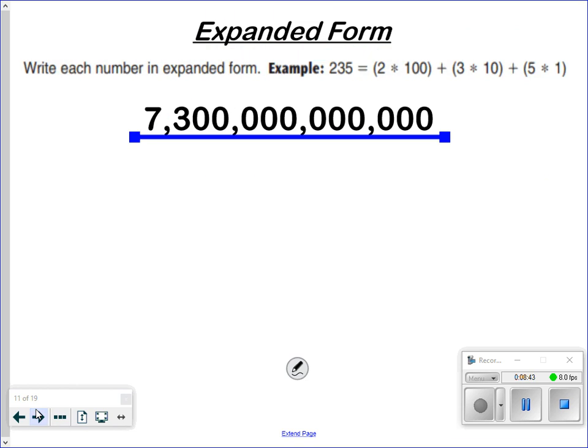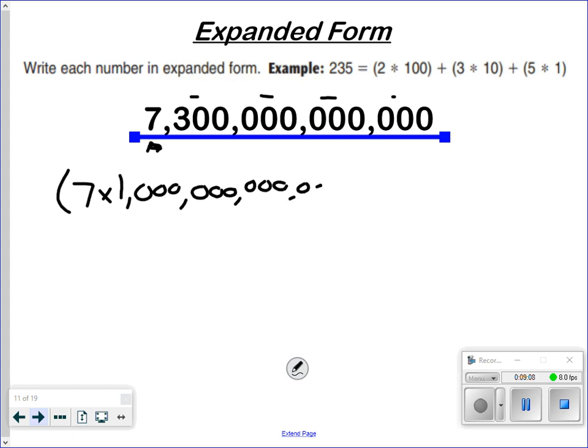I've got some more examples. Holy moly, look at that number. So we're going to take this first one. So this is our hundreds, thousands, millions, billions, and we're in the trillions. So this is how you'd write expanded notation. We're going to take this 7 times 1 trillion. Make sure I get all these numbers in here. If I don't, you kids are going to tell me I made a mistake. Make me feel bad.